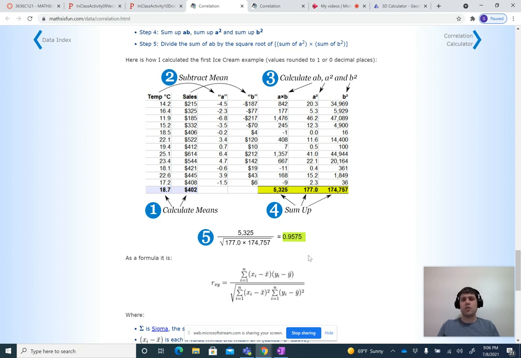And this looks very mysterious, but somehow it's supposed to predict if two variables are correlated at all. This is very surprising. What is this formula actually measuring? Why are we doing all this computation in this way?